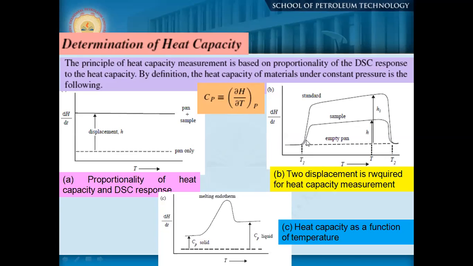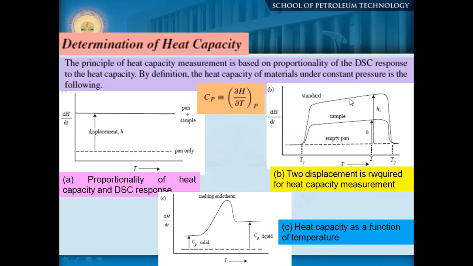So initially you see it is the same, even if there is no enthalpy change of the system. But now you are giving a sample, so with a different height, this is the standard. Standard means a displacement is required for heat capacity measurement.